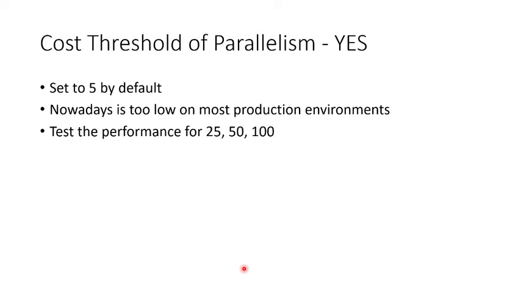So it must be a bigger query, so I can think that I should try to run it in parallel. So there is a number which is by default set to 5.